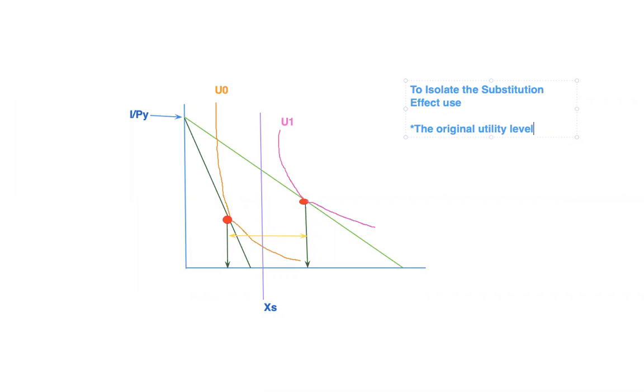And by original utility level, I mean the utility level associated with the optimal consumption bundle at the initial price. And where would that be on the graph? Well, I'm going to show you. Hold on a minute. The original level of utility and the new budget.